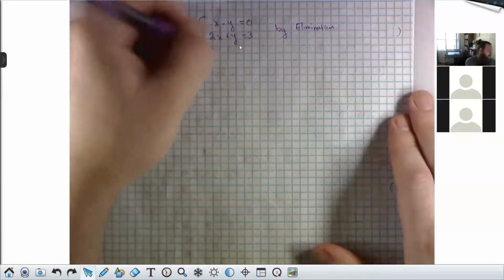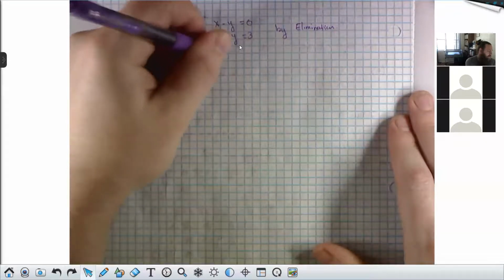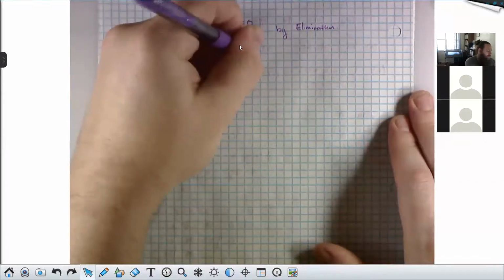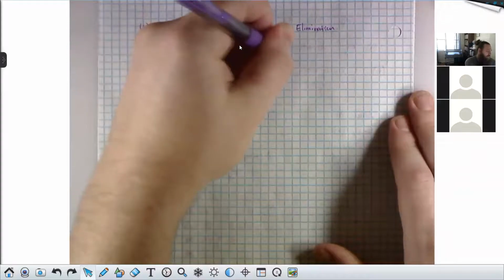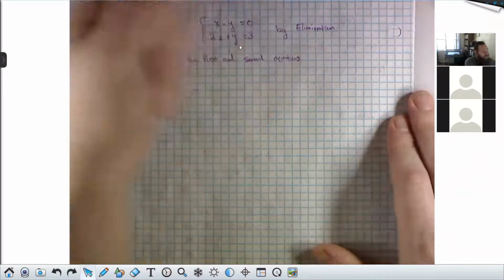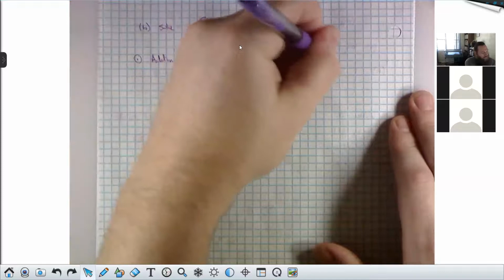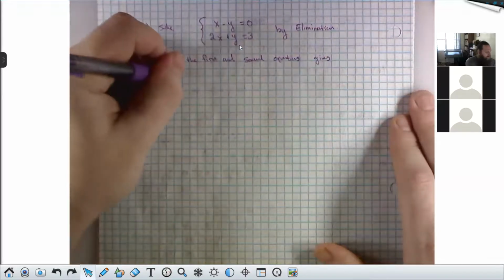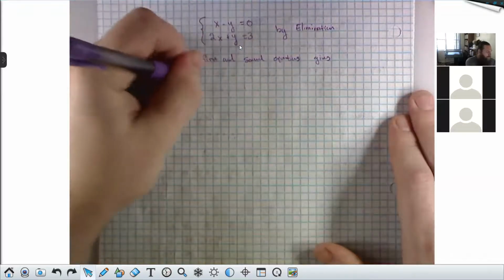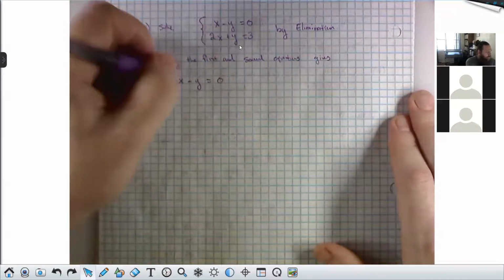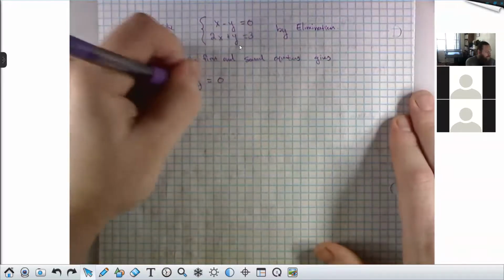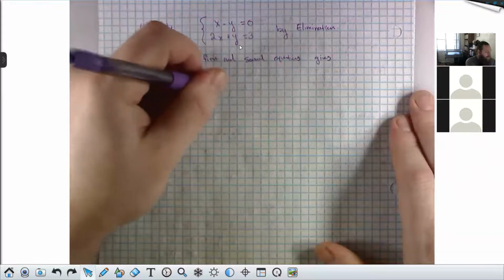Adding the first and second equations gives, and I like to do it like this. I'll show you the notation. X minus y equals 0, 2x plus y equals 3.